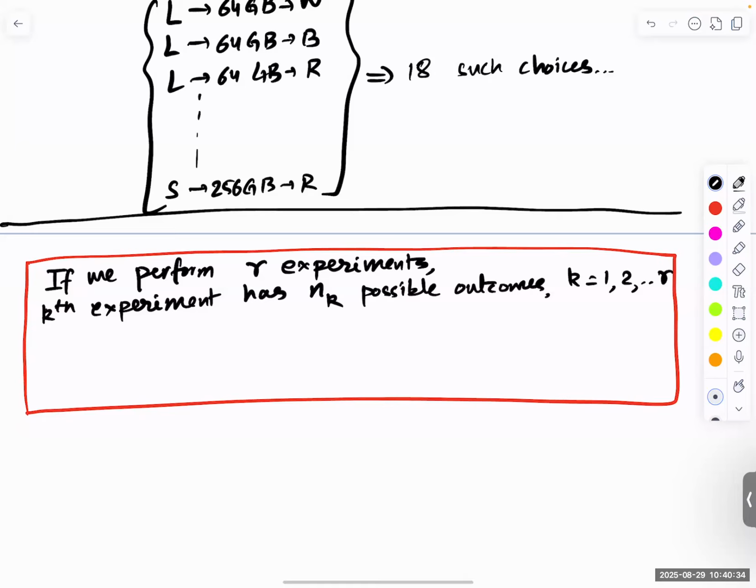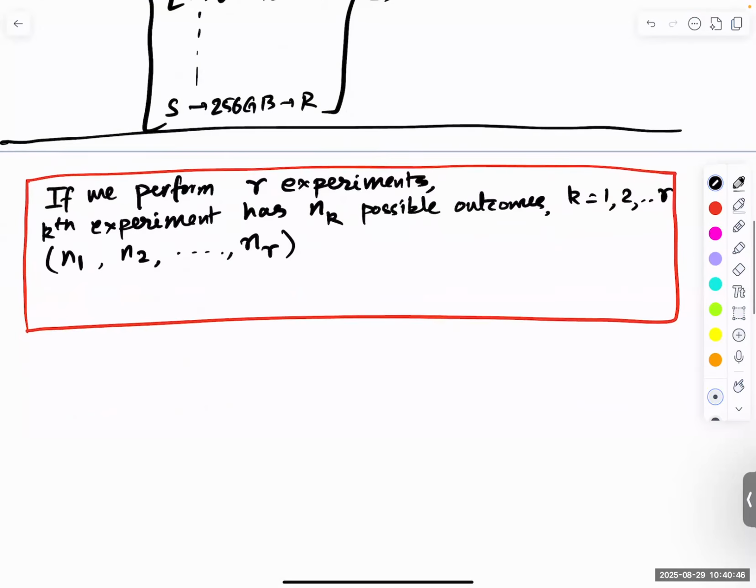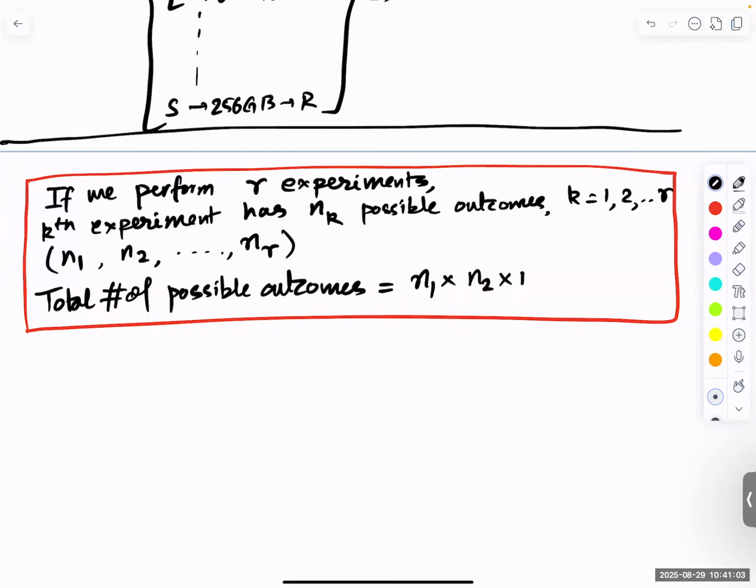So basically you will have n1 choices for the first experiment, n2 choices for the second experiment, all the way till nr choices for the rth experiment. If you ask what the total number of possible outcomes is, it will be the product of the individual numbers of choices, n1 times n2 times n3, all the way till n sub r. Okay, so that's the general idea of the multiplication principle.